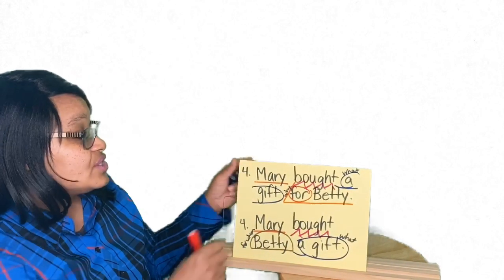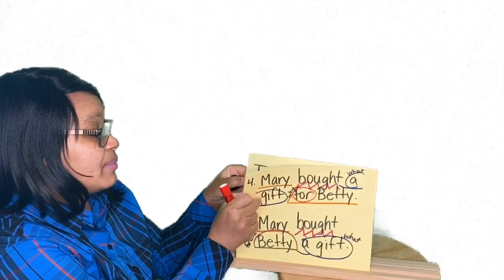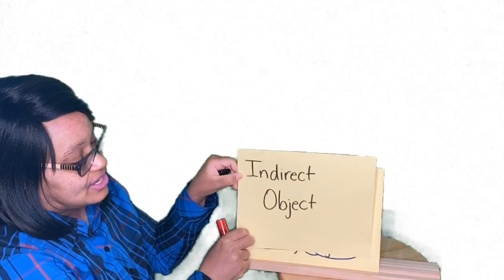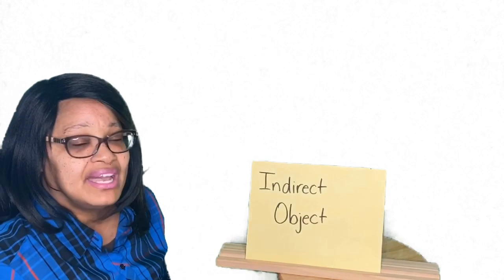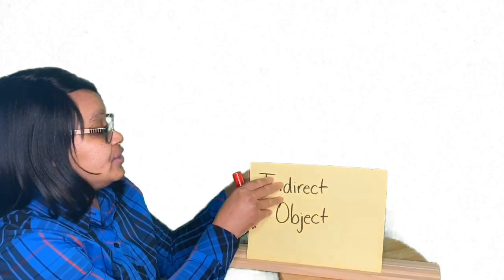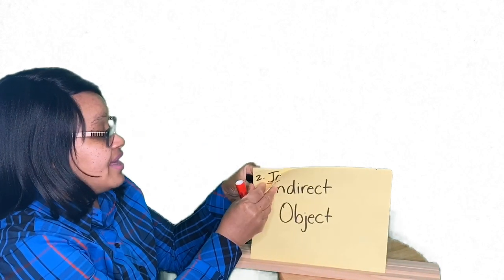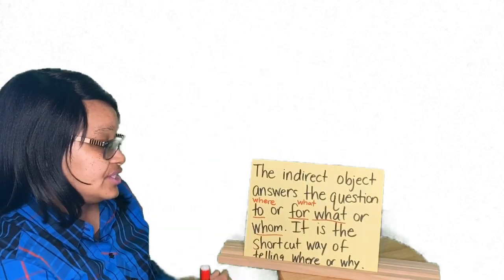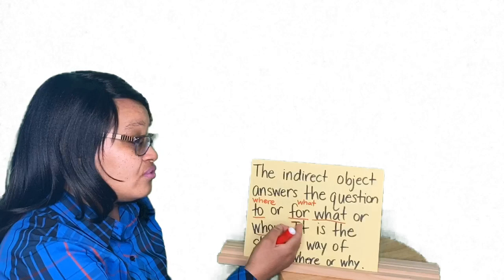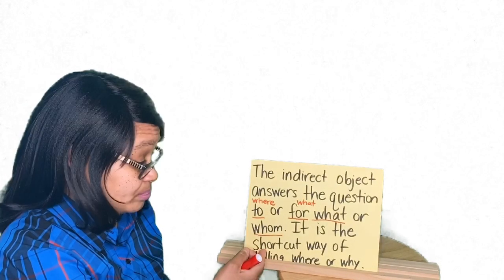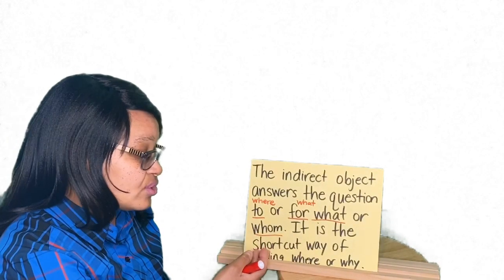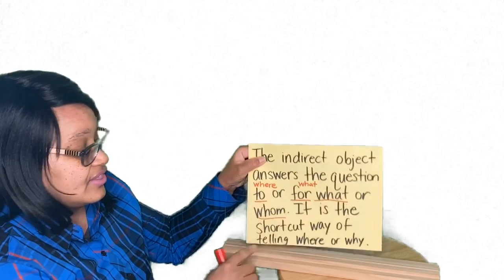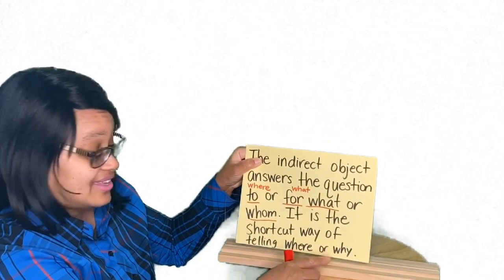Now, I know in school your teacher might be teaching you about indirect objects, and it might be a little bit confusing, but you just have to remember that the indirect object answers the question to or for what or whom. It is the shortcut way of telling the where or why.